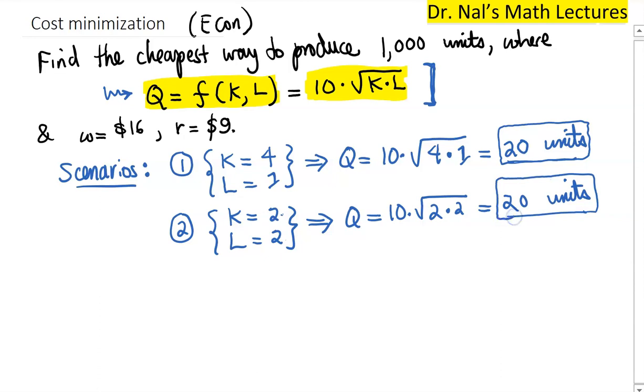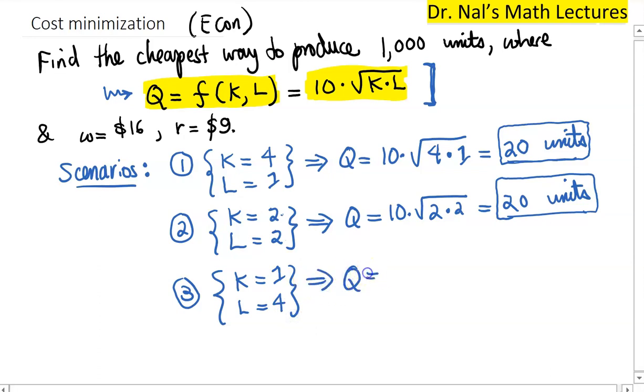Let me give you yet an alternative way, and by now you are probably guessing how that's going to happen, but think about what would have happened if I combined 1 capital hour, machine hours, with 4 labor hours.